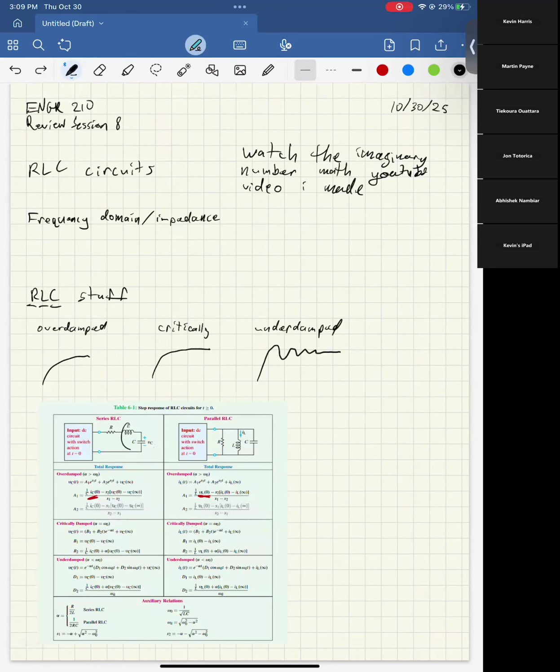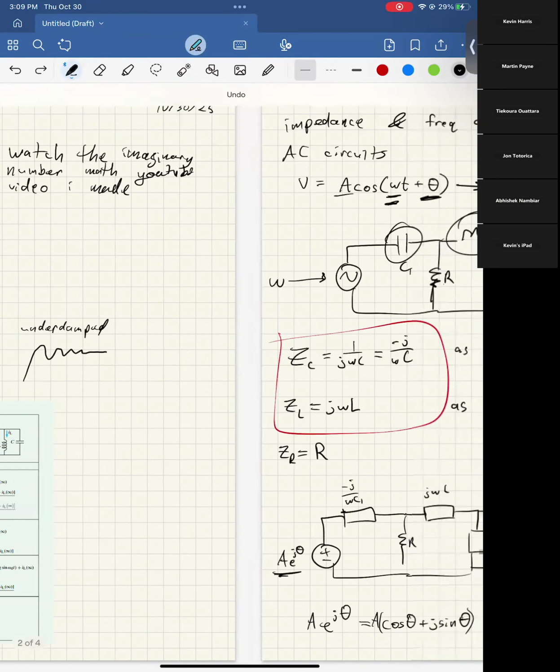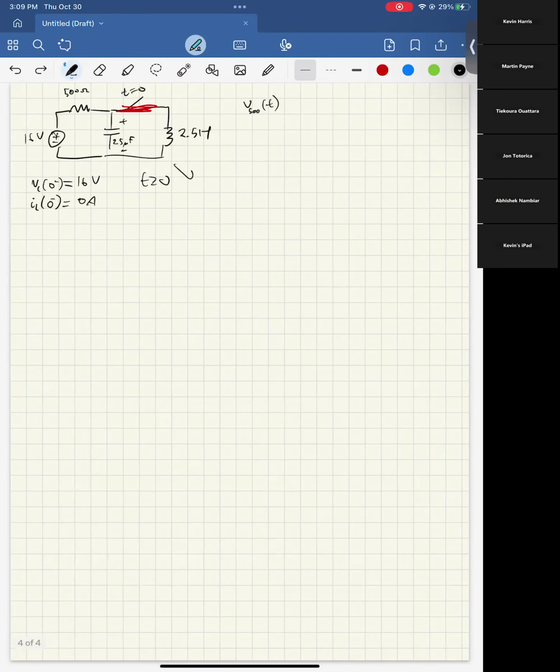Because if these two are in parallel, we can't get them out of being in parallel, so we need the rest of the circuit to be in parallel as well. So the current is going to be 16 over 500, which is 0.032 amps.